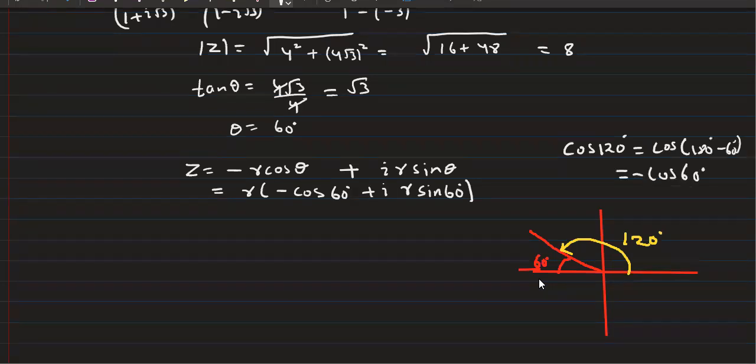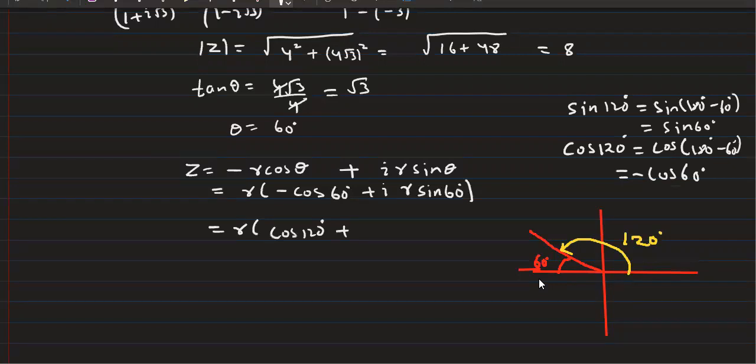And in the same way, sine 120 degree is equal to sine 180 degree minus 60 degree, which is equal to sine 60 degree. Are you getting now? So this minus cos 60 is nothing but R cos 120 degree plus I sine 120 degree.